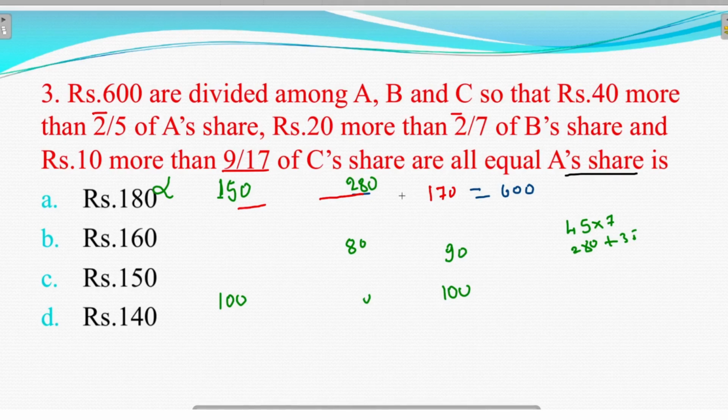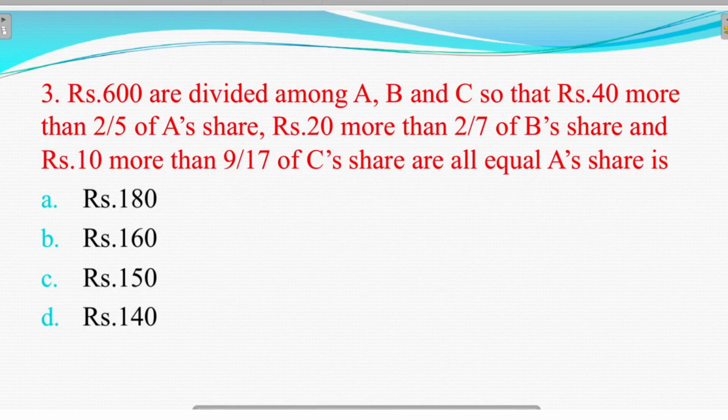Now I will explain the concept, basics. First let's do it in basics. I am assuming first person A rupee I will give, second person B rupee I will give, basic method. Third person C rupee I will give, all together 600 rupee.